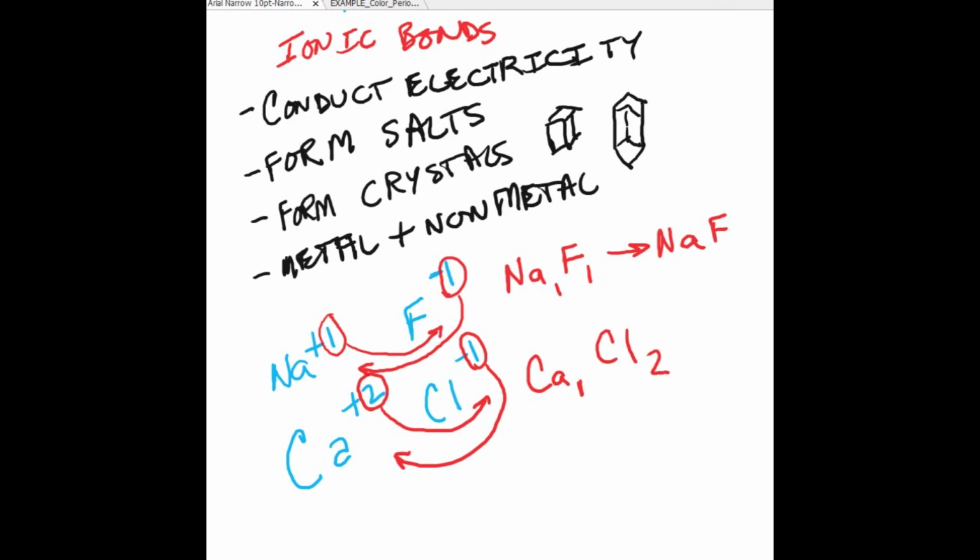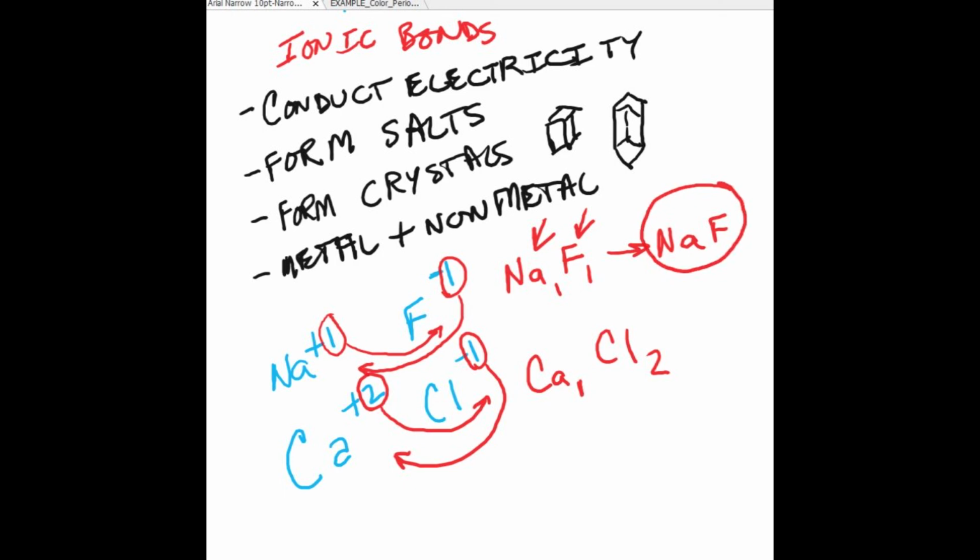We crisscross. We basically swap numbers as superscripts and move them down into subscripts. What that means is that for every 1 piece of sodium here, I need 1 piece of fluorine to make sodium fluoride, which we'll get into naming in a bit.